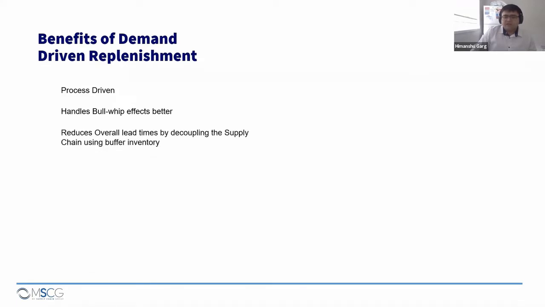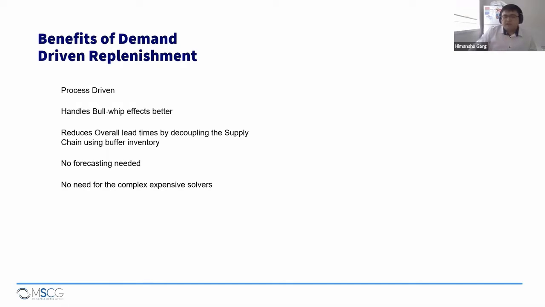The third benefit is that DDR reduces total replenishment lead time by decoupling the supply chain. The fourth benefit is that there is no need for forecasting as the process is driven by actual customer orders. Fifth benefit is that there is no need for any additional complex solvers.